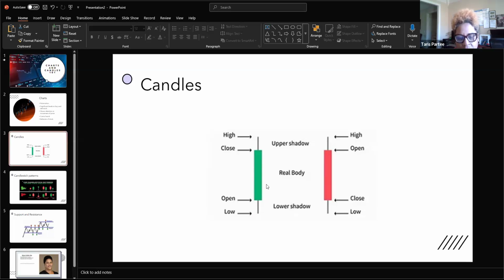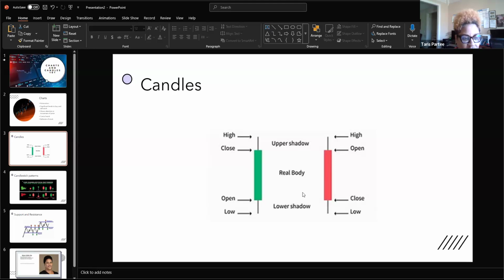So the green candle means that the price is going up. The red candle means that the price is going down. Now, this is the basis of your candles. There are so many other candlestick patterns that you can learn, but we're only going to go over the basics today, because remember, this class is only 15 minutes long.